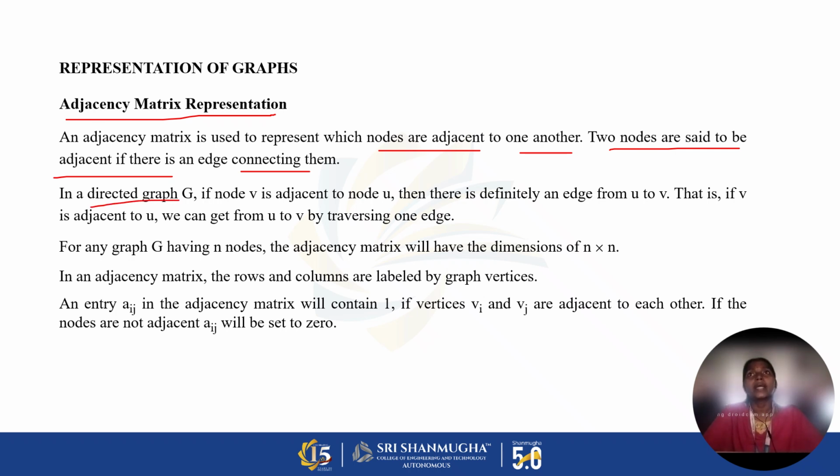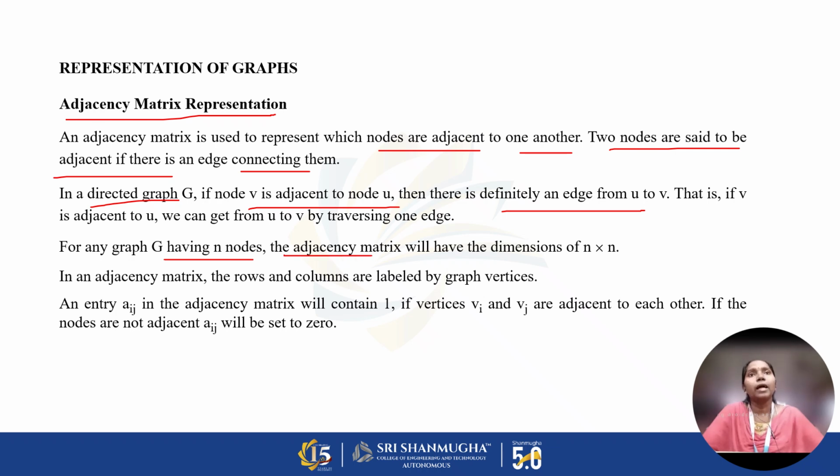In a directed graph G, if node V is adjacent to node U, then there is definitely an edge from U to V. That is, if V is adjacent to U, we can get from U to V by traversing one edge. For any graph G having n nodes, the adjacency matrix will have dimensions of n x n.